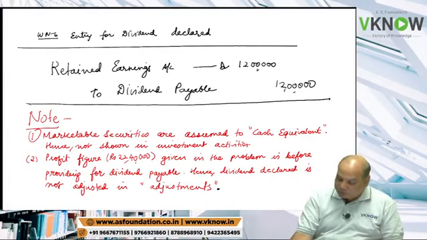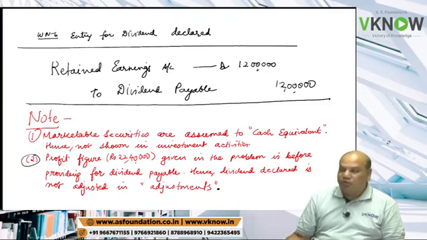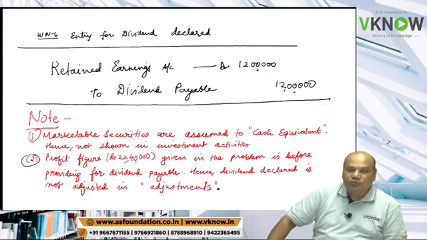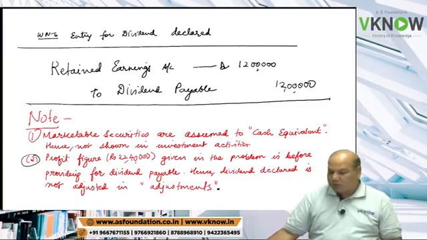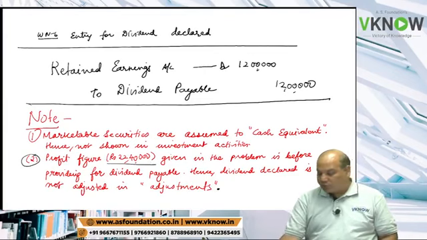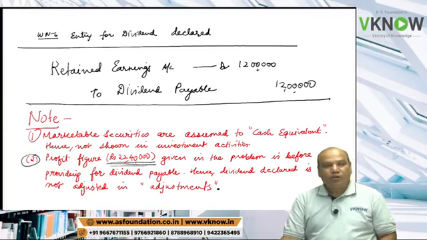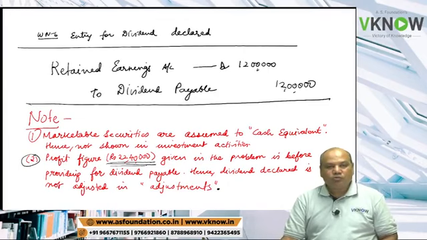Why have I dictated this note? Some of the students were planning to ask why dividend declared is not added in adjustments in operating activity. The answer is that this profit figure is before providing for dividend.